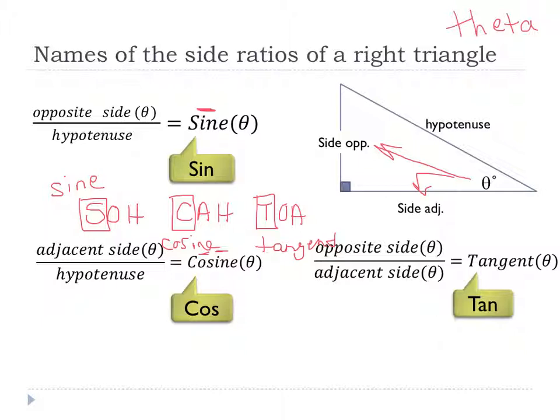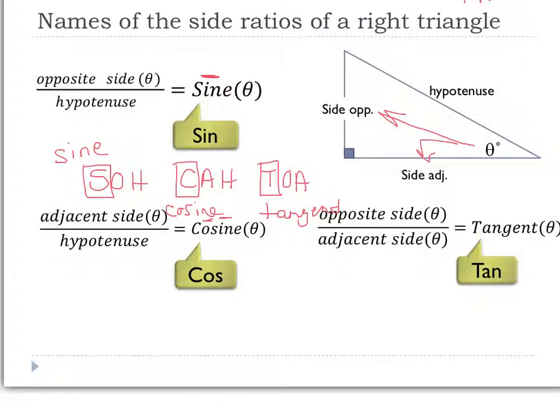Now, in math, we always need a way to undo any operation that we perform. For instance, we undo addition with subtraction, we undo division with multiplication, we undo square rooting with squaring. Well, we need an undo, an inverse operation of sine, cosine, and tangent.